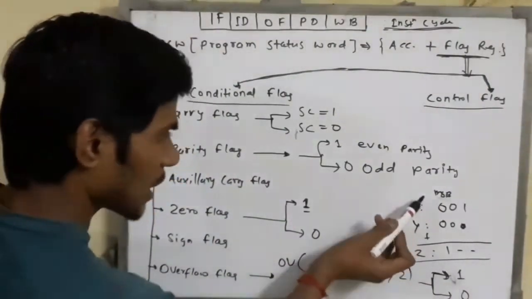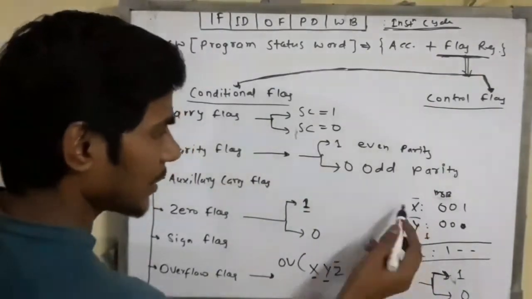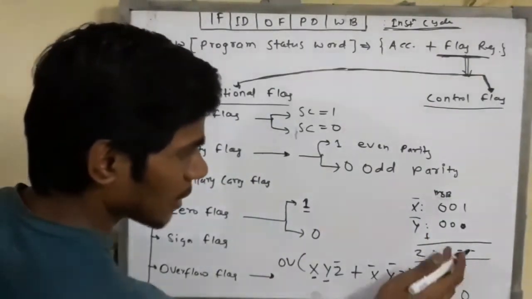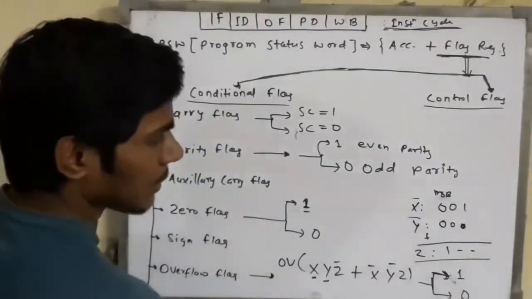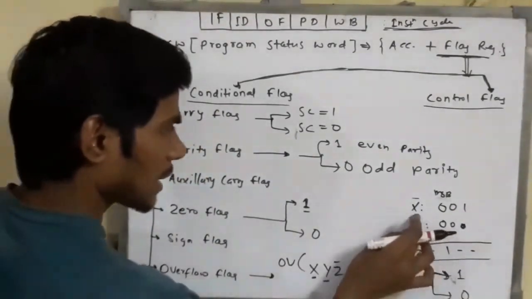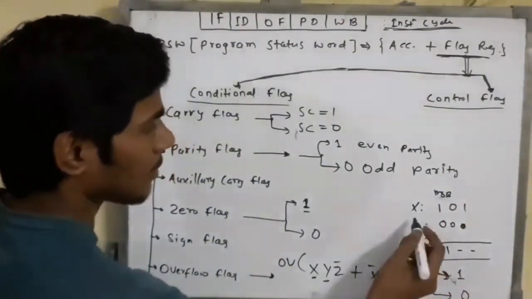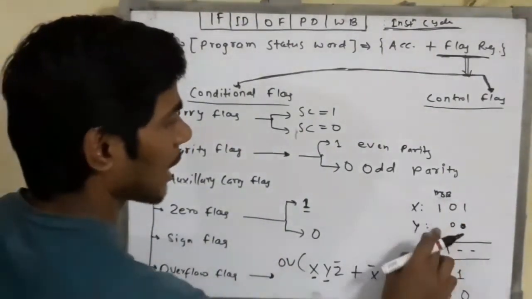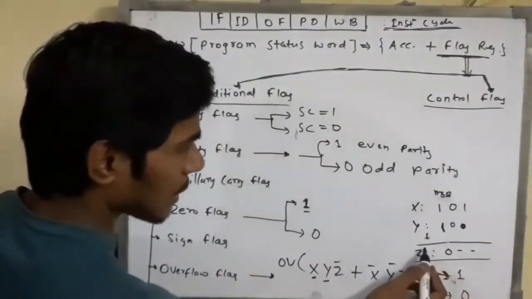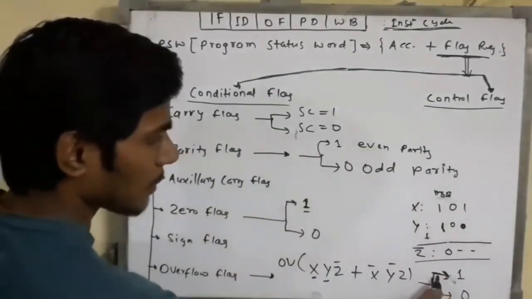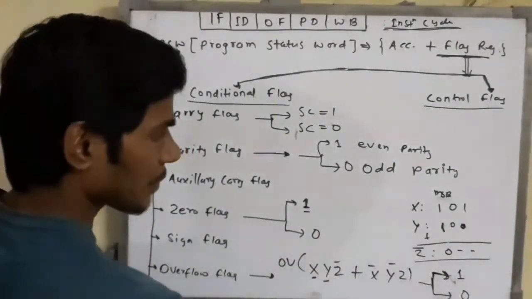X is 0 means it is x bar, y is 0 means it is y bar. If such is the condition and the resultant is 1, meaning z, then the overflow flag will be set to 1. In the second scenario, if the most significant bit of x is 1, y is 1, and z is 0, meaning z bar, then the overflow flag will be set to 1, else the overflow flag will be set to 0.